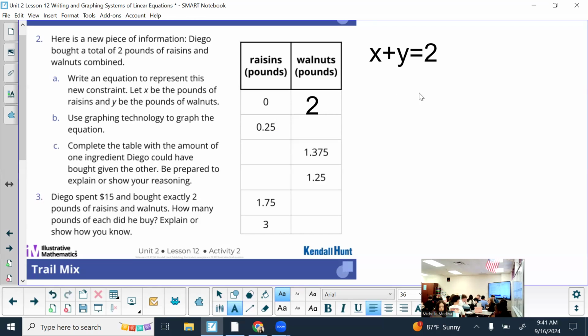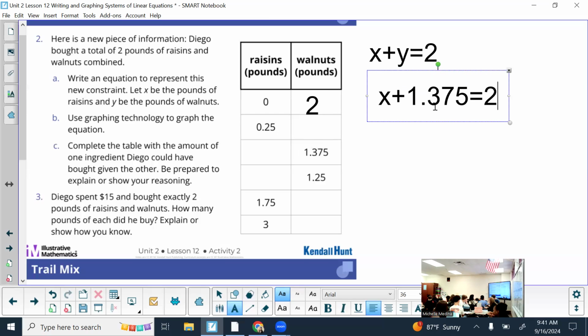Maybe it takes us some time to figure it out. For example, if I have this many pounds of walnuts, what does this need to be plugged into? The X or the Y? The Y. Okay, and then what plus 1.375 equals 2? Use your inverse operations. What's opposite of adding 1.375? Do that on both sides.